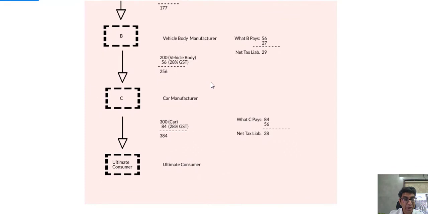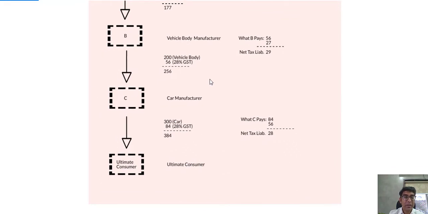Now, moving on, just to take this example one step further, B sells the body of the vehicle for 256 rupees to the car manufacturer, so Hyundai purchases it. For Hyundai, the vehicle body is the input, whereas for the vehicle body manufacturer, the vehicle body was the output.